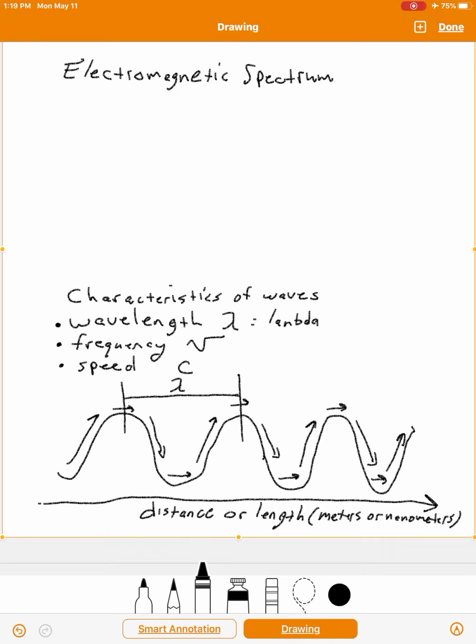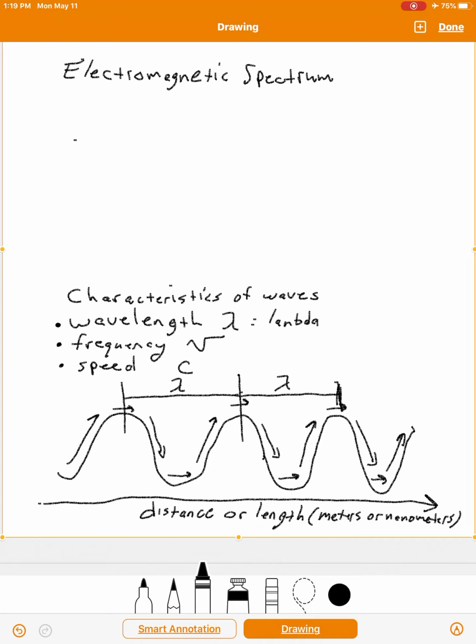Lambda. So lambda, the wavelength, is the distance between two adjacent peaks, between the two peaks right next to each other. Okay? Now, we're making an assumption here, and the assumption is that it would be the same distance to here as well. From here to here would be the same distance. Okay? That's called the wavelength. It's a measure of how long the wave is.